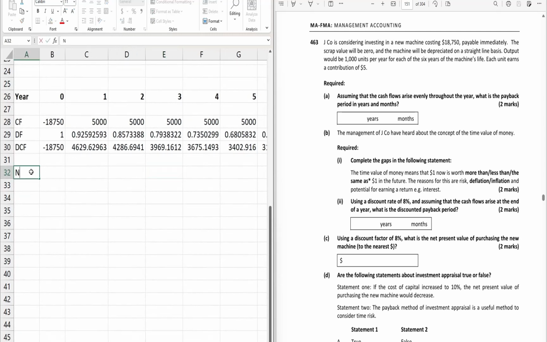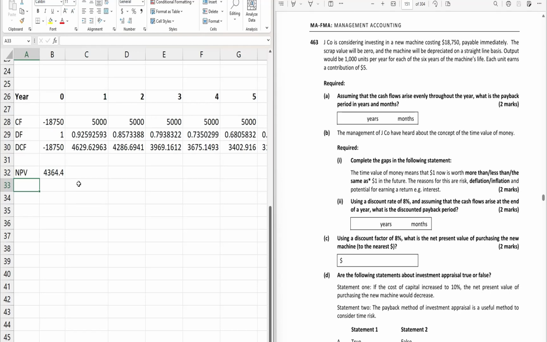So here NPV equals sum, take all these values, and close the bracket. Yeah, it's 4364, and the question is asking for the nearest dollar, so don't put the decimal number, simply keep 4364 and you will get the full marks. So don't keep the answer in decimal places, otherwise you won't get the credit.